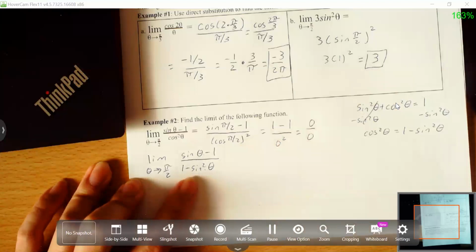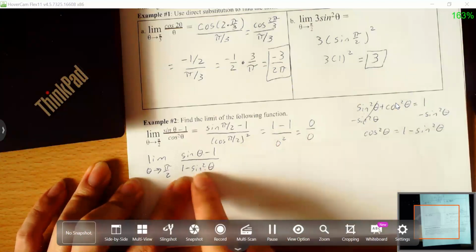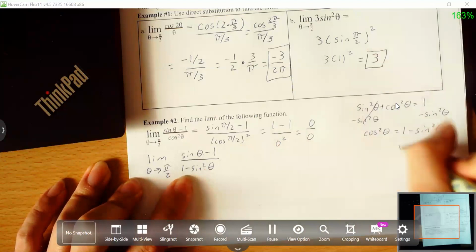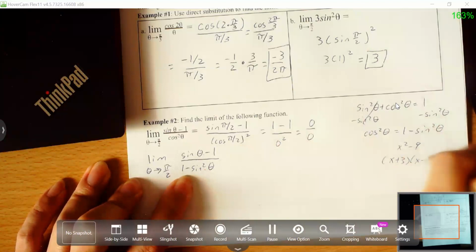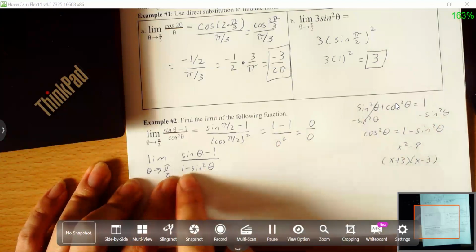we could factor the bottom because 1 minus sine squared is actually a difference of squares. This is the same thing as x squared minus 9. Okay. And I could break it up into x plus 3, x minus 3, right? You take the square root of both sides. This can also break up. 1 is a perfect square.